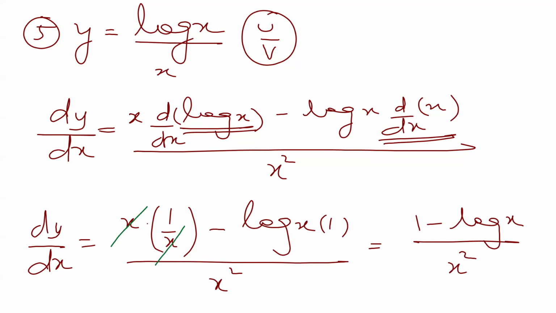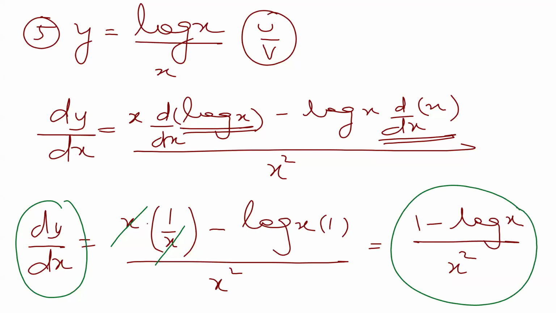But the proof requires d square y by dx square, so we are going to differentiate this once again. The derivative of dy by dx is d square y by dx square, and the derivative of 1 minus log x upon x square will be u upon v.